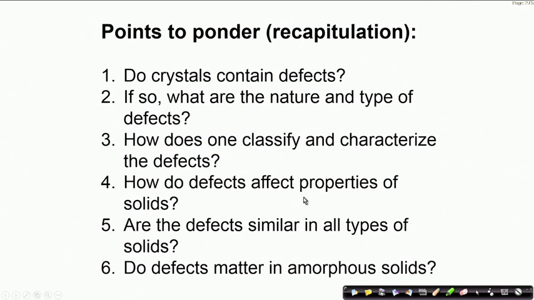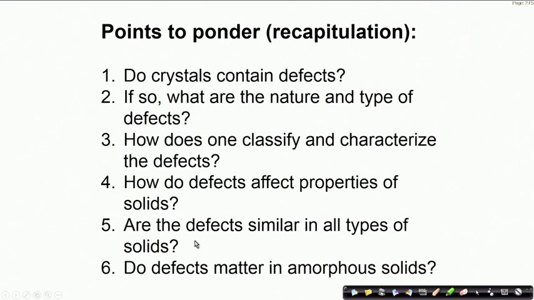What is even more important is how these defects affect the properties of solids, both structural as well as functional properties. For example, having point defects can make a lot of difference in terms of conductivity or band gap of a crystal. Having line defects can make a lot of difference in terms of ductility or strength of a material.